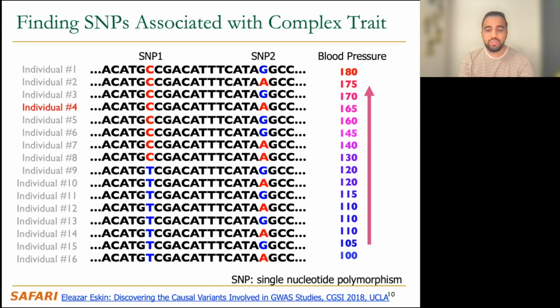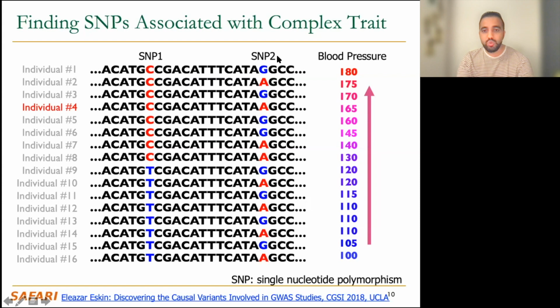Now, because all of you are smart people, I ask you: what may be the genetic cause for blood pressure? You may guess, or you may correlate these genomic sequences to the value of blood pressure.